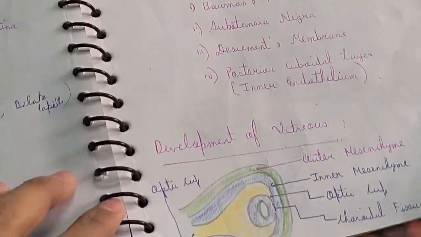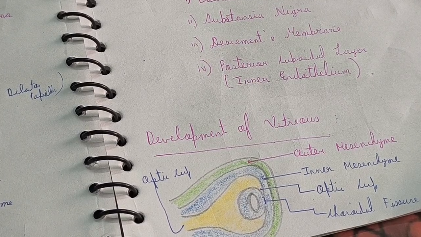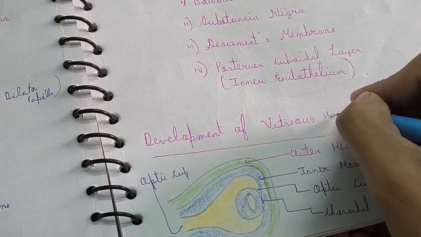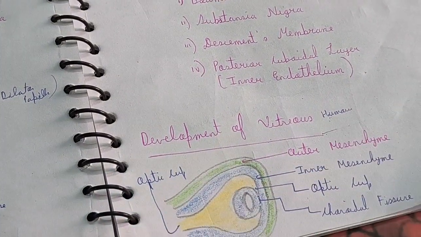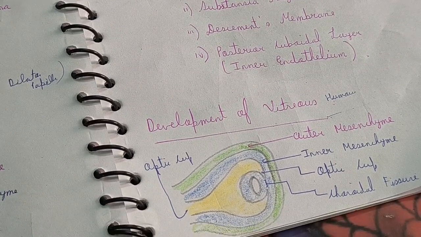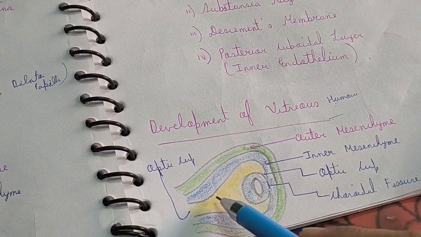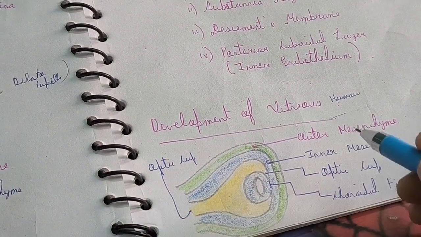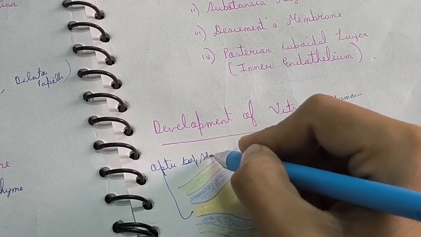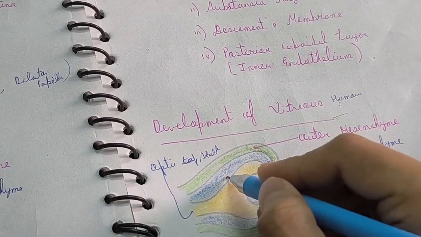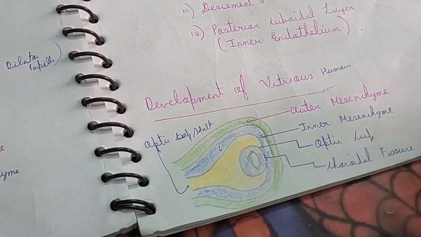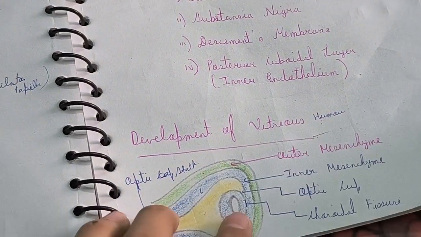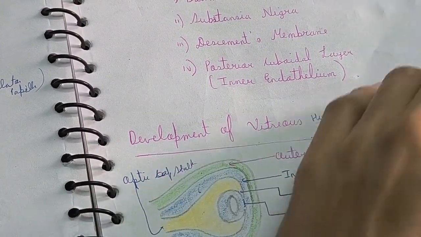Now let's discuss the development of the vitreous humor, or vitreous chamber. Here again we have the optic cup, the optic stalk, the inner mesenchyme, the outer mesenchyme, and the choroidal fissure.